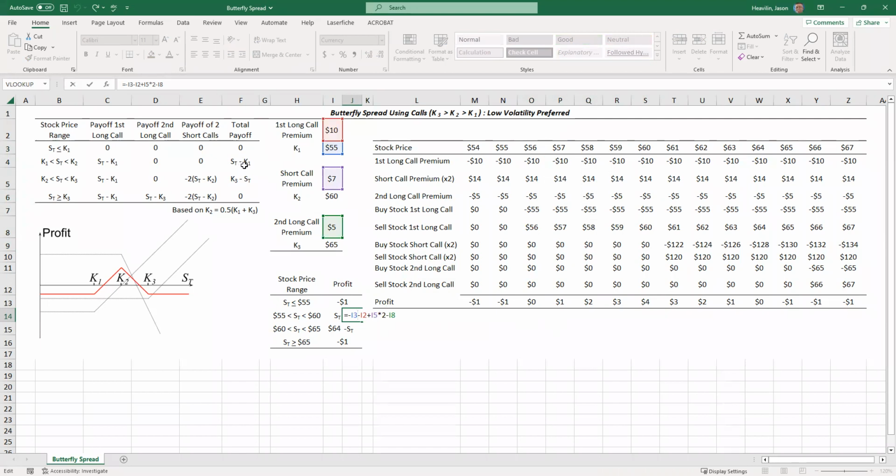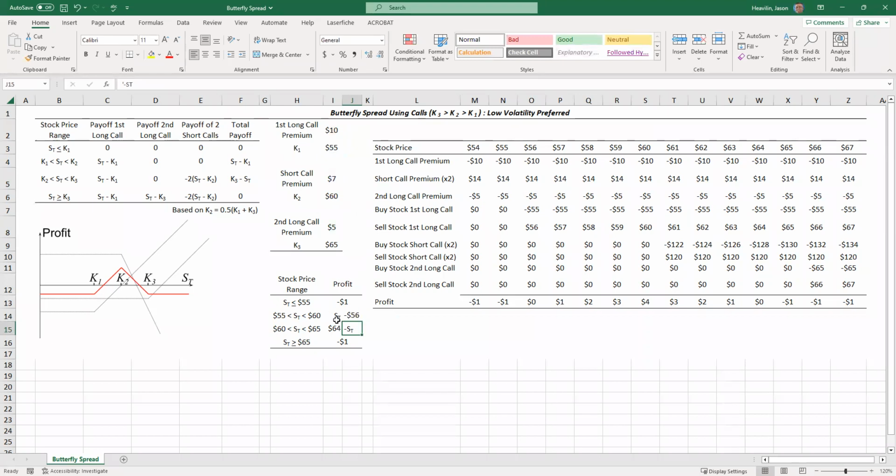It says there minus K1. So I'll start with I3, which is minus K1, the $55, minus 55, minus the premium of the $10 I paid here, plus this premium times 2, because I have 2 of them in the strategy. And then the $5, minus the $5 we paid. And that's what you see in this formula.